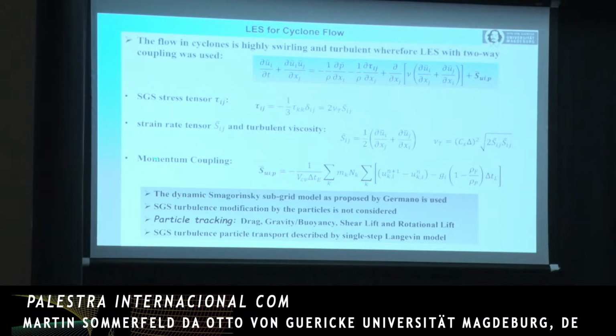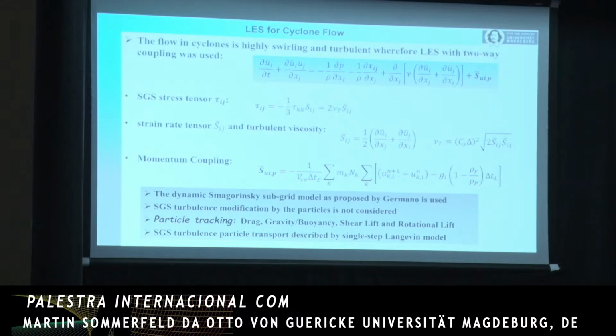We use two-way coupling, momentum coupling. There is no effect of the particles yet on the turbulence. We are working on that because Smagorinsky is an eddy viscosity model, so it's difficult to modify the eddy viscosity properly due to coupling. Not straightforward.